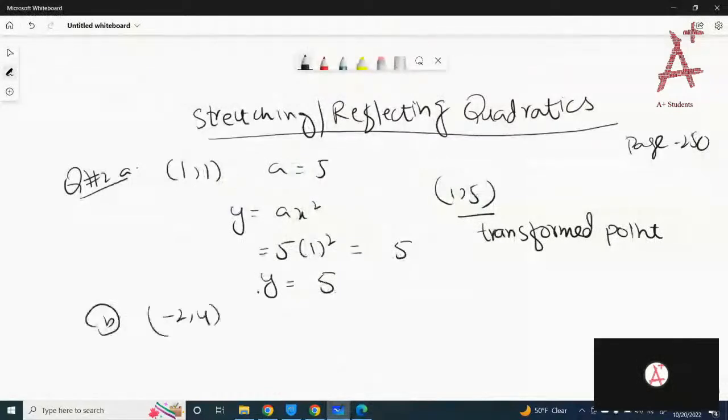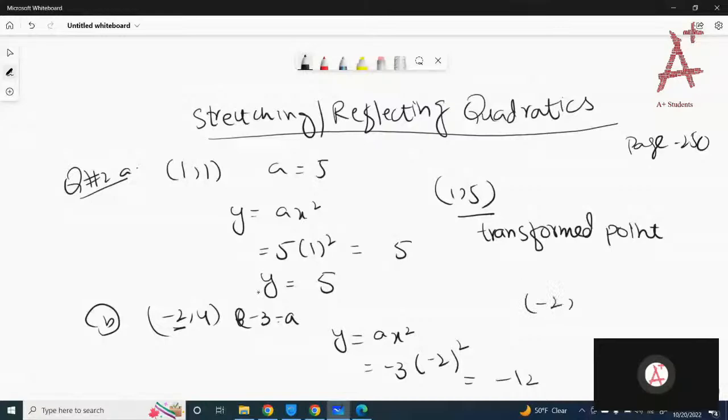So y equals ax square. a is -3 and x is -2. -2 square is 4, and 4 times -3 is -12. That means the transformed point is -2 and -12. Only the y coordinate is transformed. So it is -2 and -12.